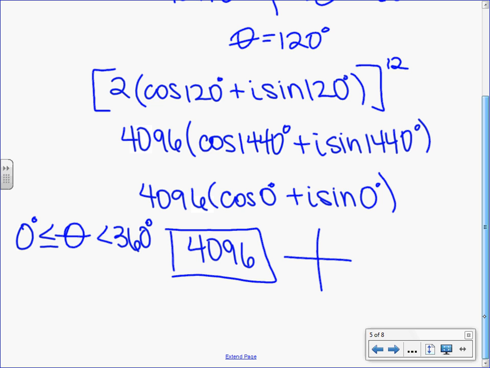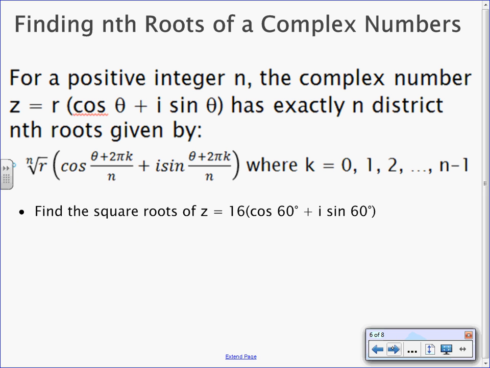All right, here we go. Nth roots of a complex number. For a positive integer n, the complex number has exactly n distinct nth roots given by this formula. Just write down the formula right now.